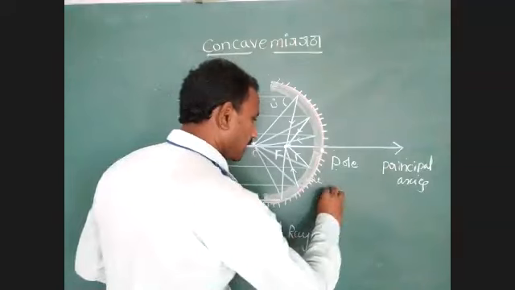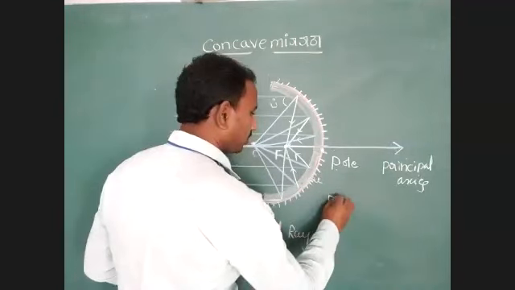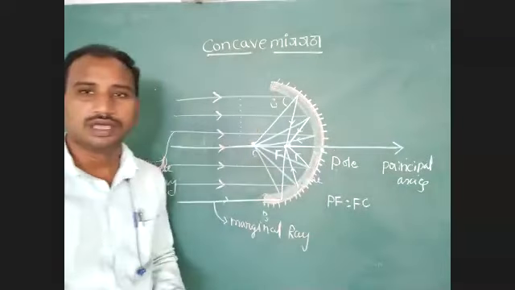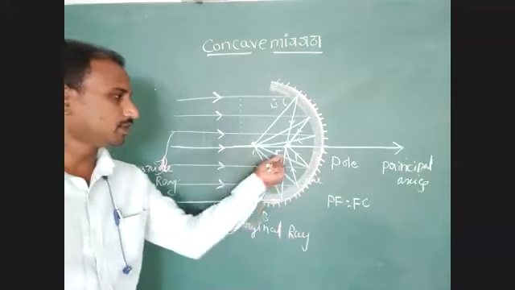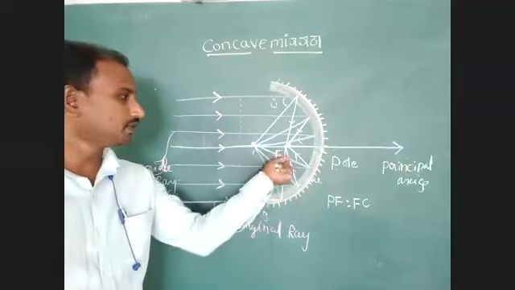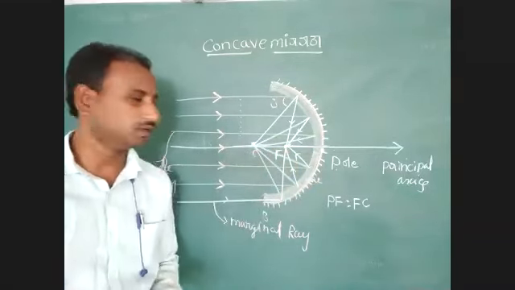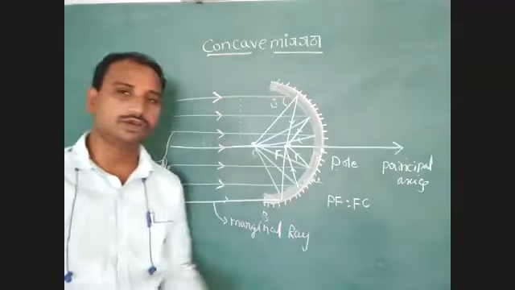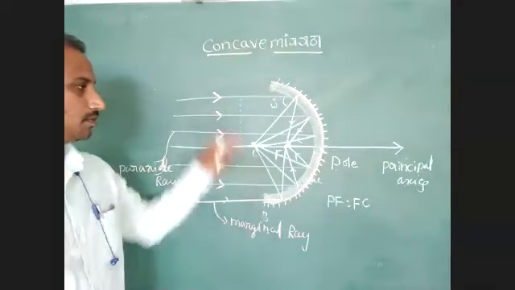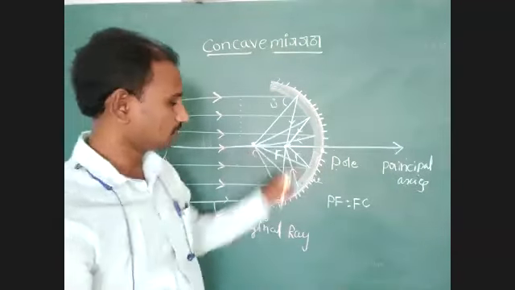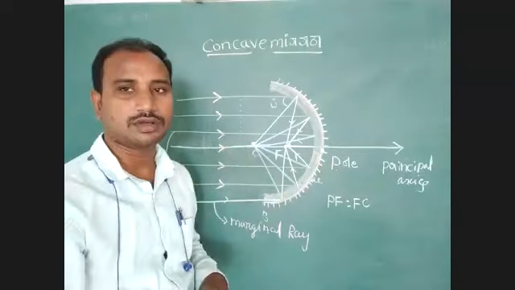Therefore, here we have to identify PF equal to FC. So, where is the principal focus point? Here, the principal focus point we consider between the center of curvature and the pole. Therefore, PF equals FC. Students, consider a parallel beam of light rays incident on the reflecting surface of a concave mirror.